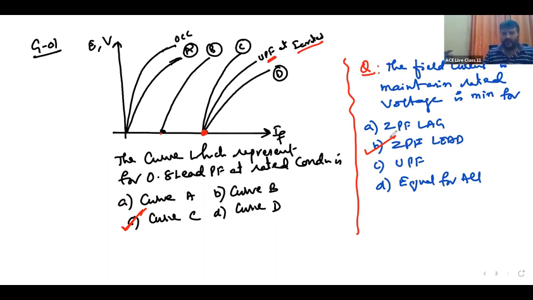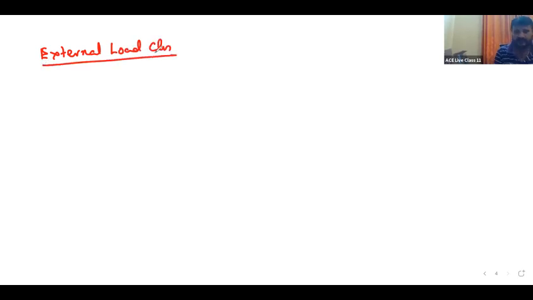Fine. Questions are like this only. Next characteristics: compounding, external load characteristics. To draw the external load characteristics for an alternator, a load is connected.